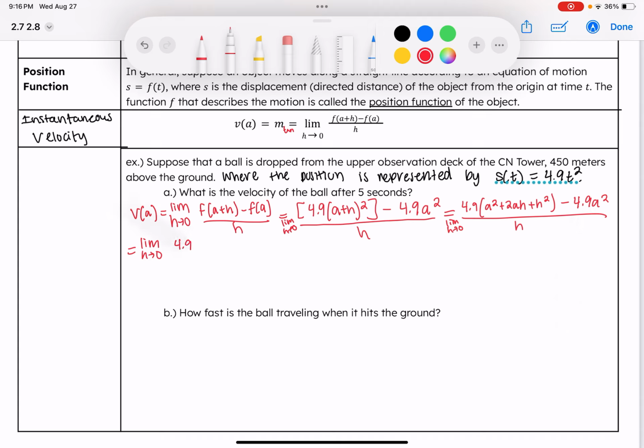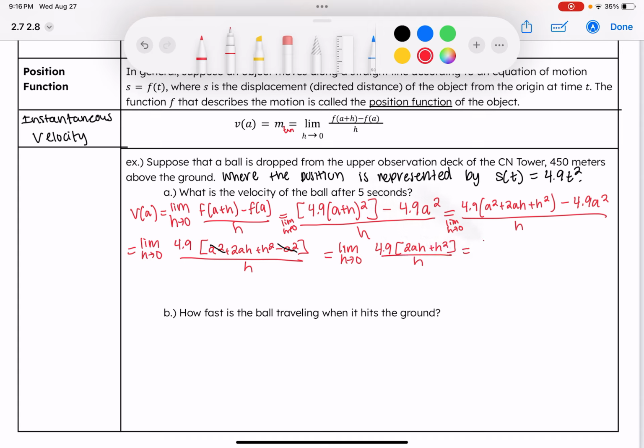So I'm going to factor out that 4.9, and what's going to be left is a squared plus 2ah plus h squared minus a squared, all over h. Inside of my brackets, my a squareds eliminate. Then I'm left with the limit as h approaches 0. I have my 4.9. Everything inside has an h.